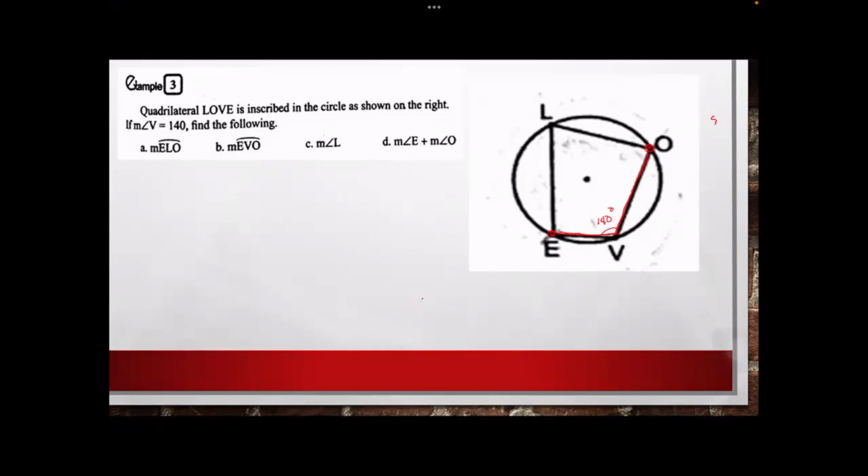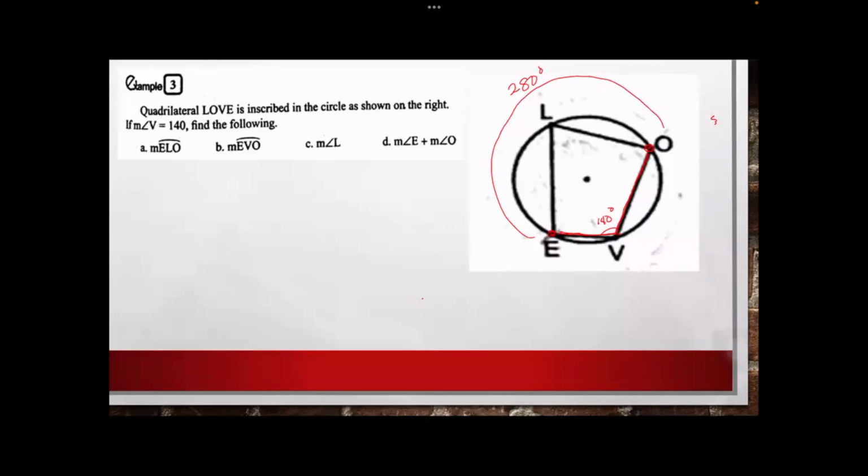Anyone? Yes, Aure. 280 po. So this is 280. So from here to here, this is 280 degrees. Bakit 280? Kasi twice of 140, 280.